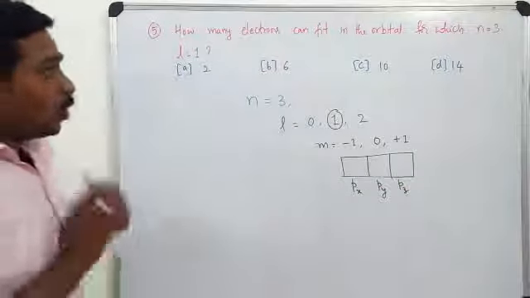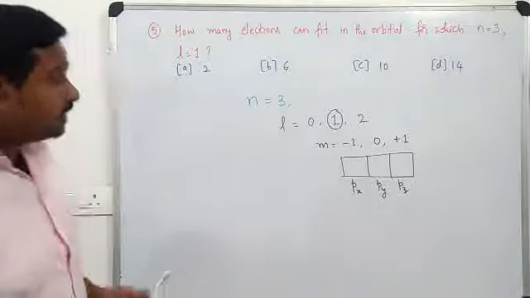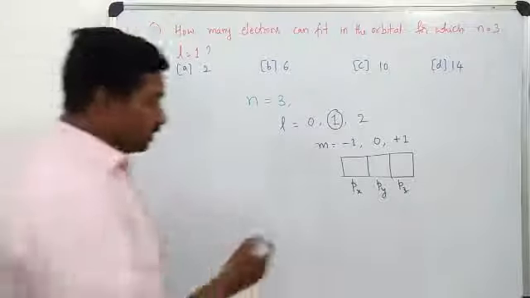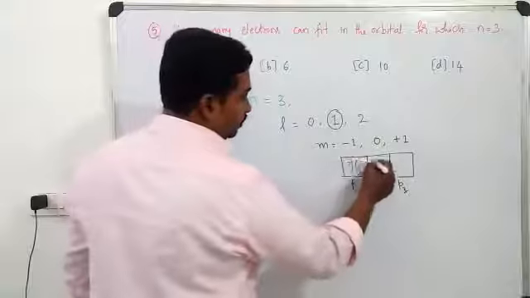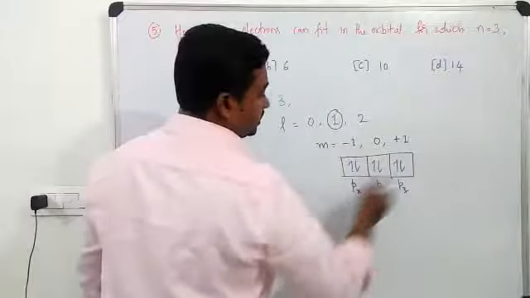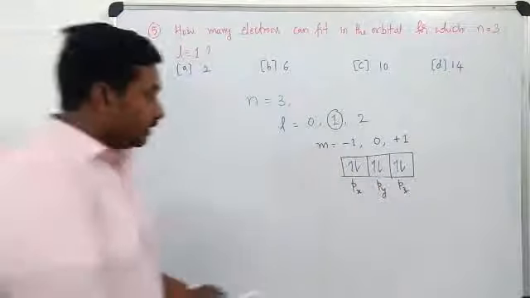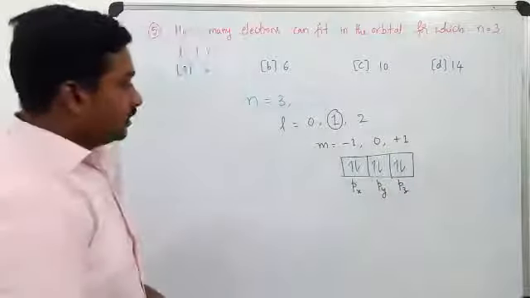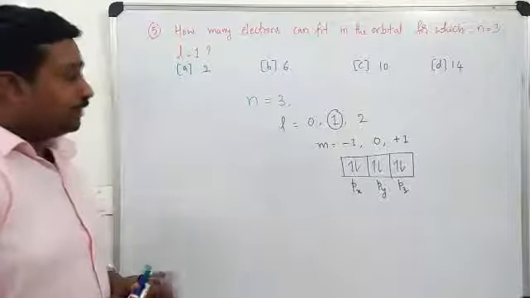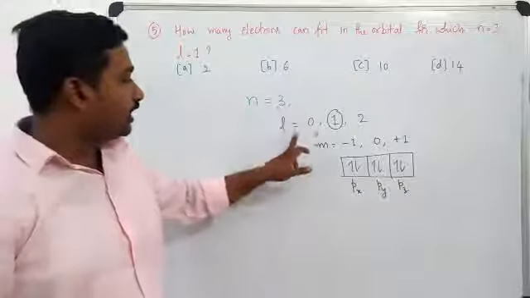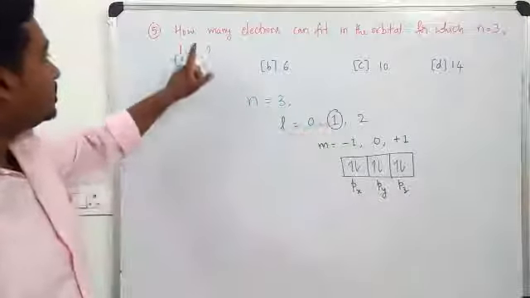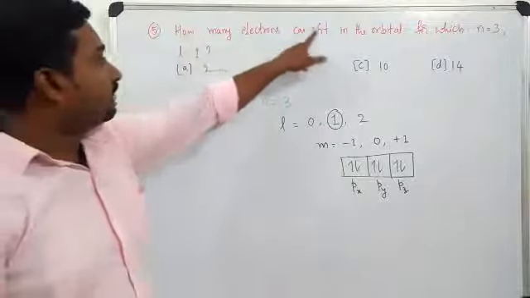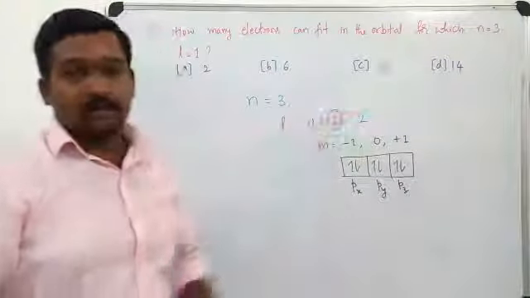Okay. The total number of electrons that can fit in these three orbitals will be 1, 2, 3, 4, 5, 6. Rather, fill all the three orbitals first and then start pairing. Now there are 6 electrons possible for the values n equal to 3 and l equal to 1. But the question is, how many electrons can fit in the orbital?